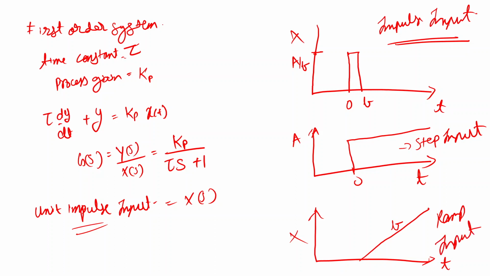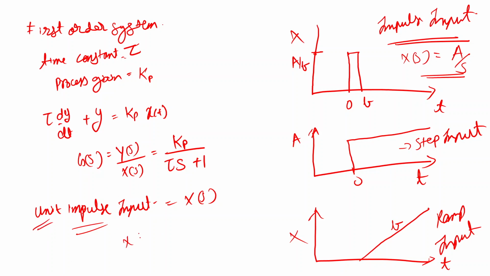Corresponding to the step input, we can write the transform as X of s equal to a upon s. In our question we have been given a unit impulse input.